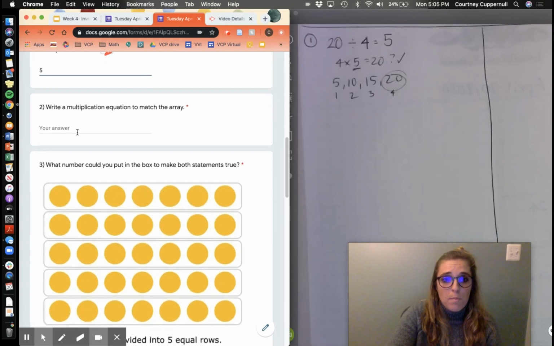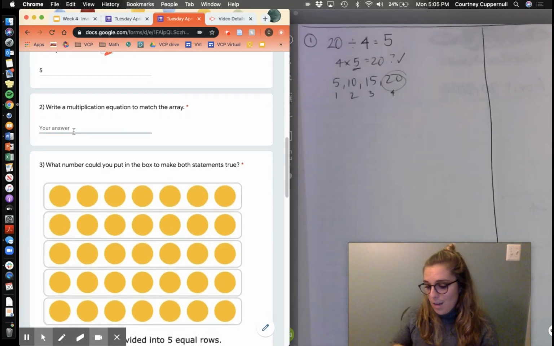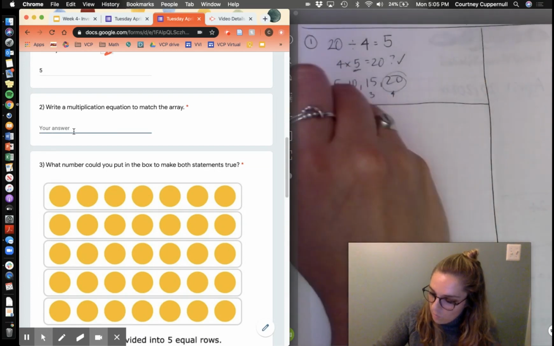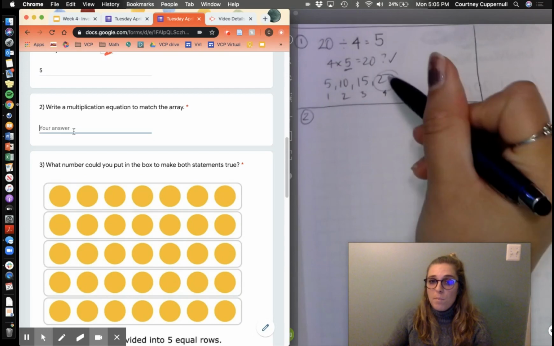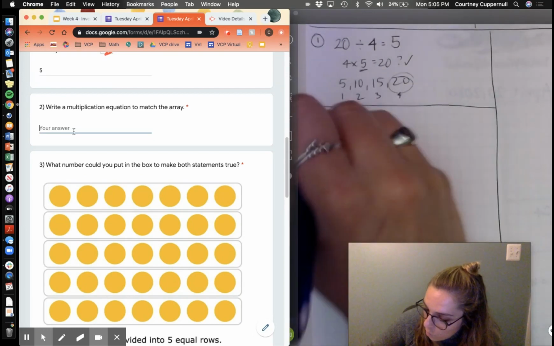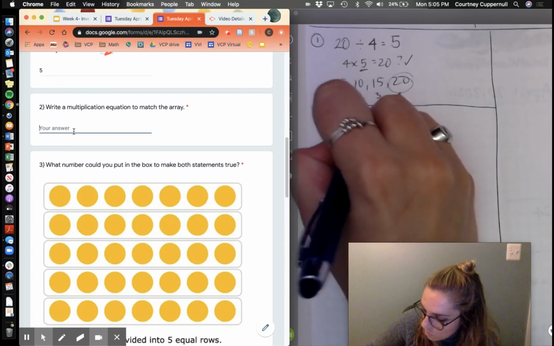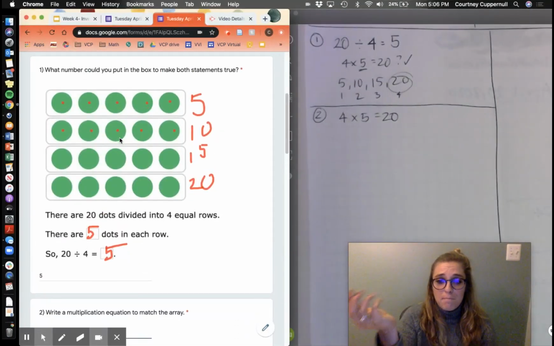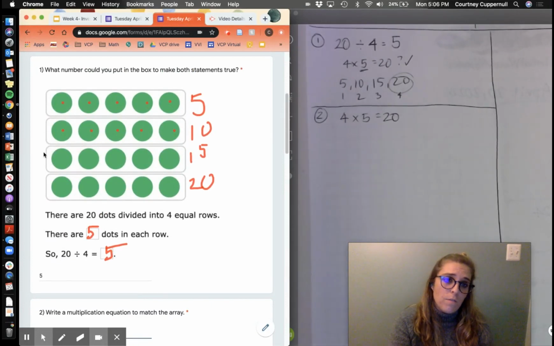Now it wants us to write a multiplication equation to match the array. That's what's so useful about always checking our work with the opposite one like we did here. We already built this check in. So for this, I know I'm just going to write 4 groups of 5 equals 20. I also know that I can just look at the array up here and look at my dimensions. I know that this is 4 rows, 5 columns.